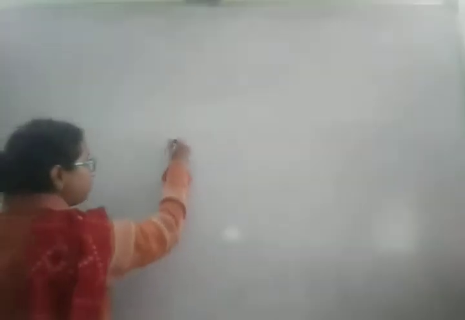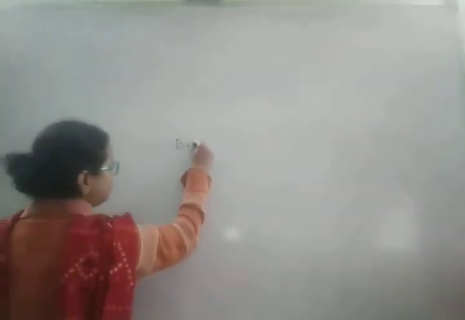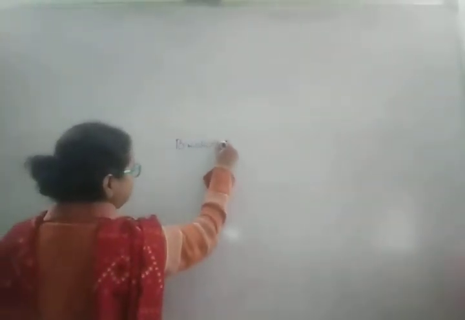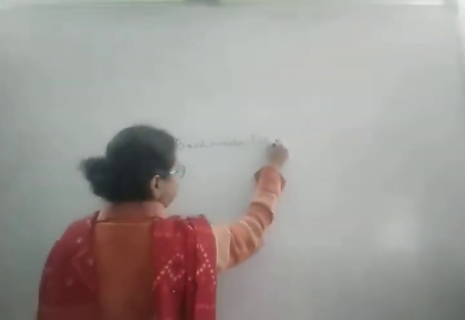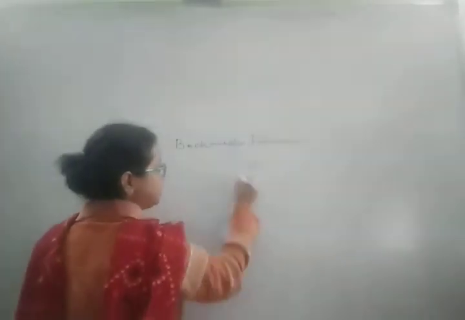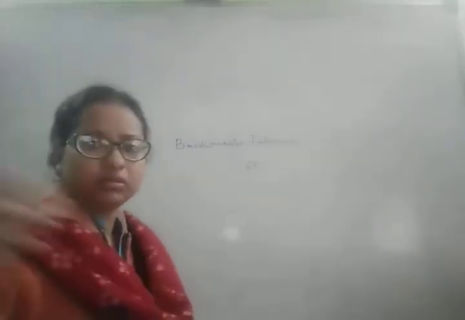After the name of the inventor Buckminster Fuller, we give this name Buckminster fullerene. We denote this as C60. 60 carbon atoms are held together.